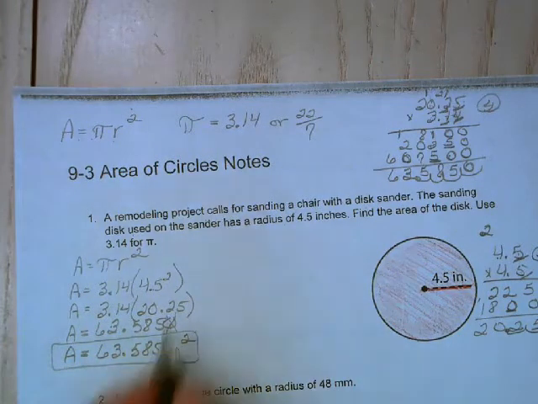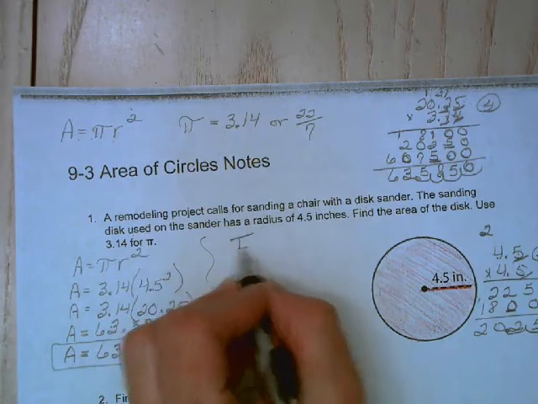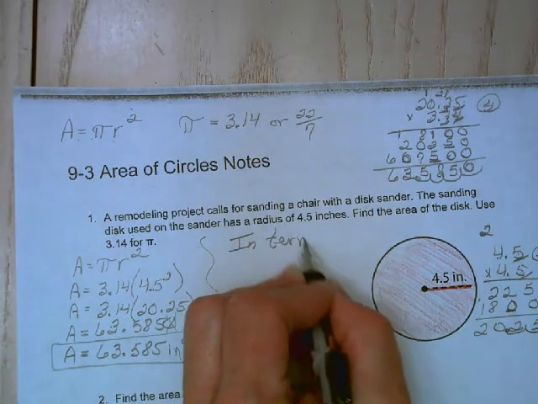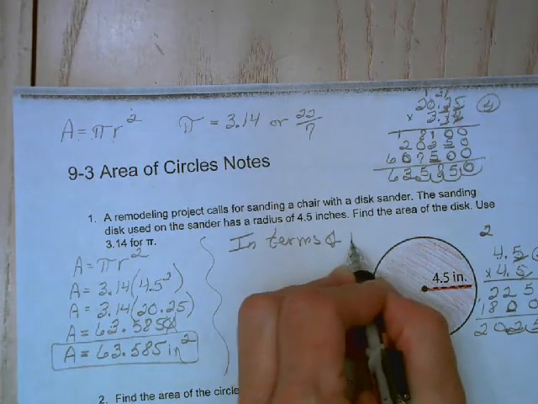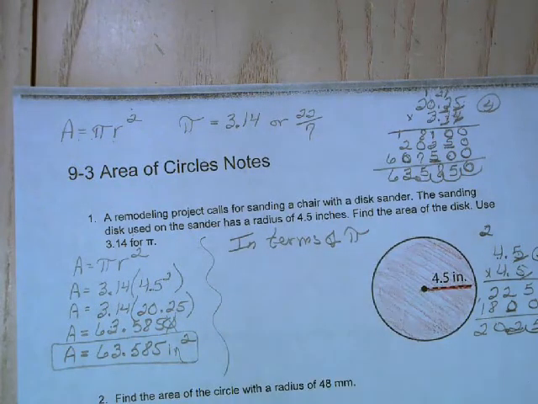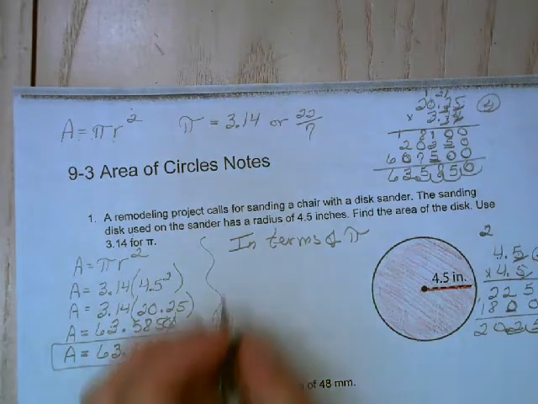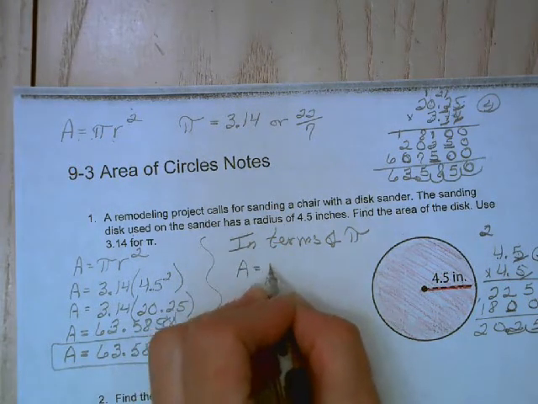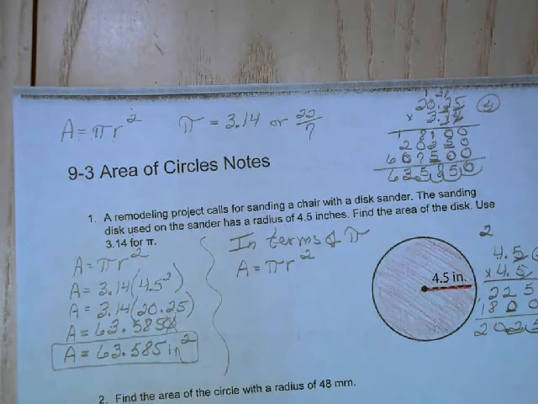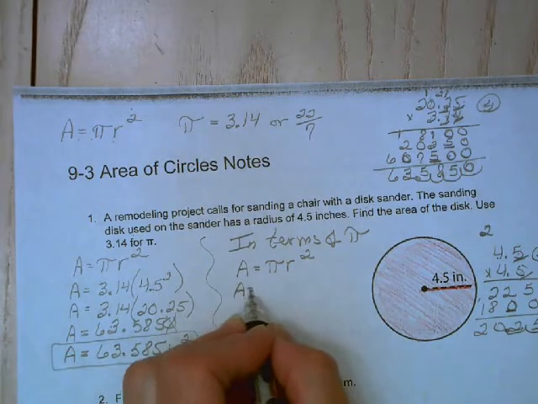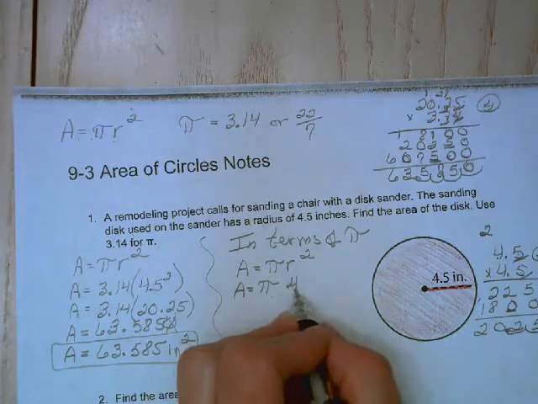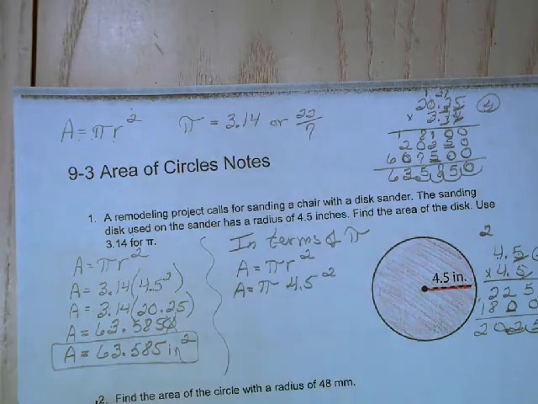All right, I want to talk about something that's called in terms of pi. In terms of pi means you're not totally solving for the area. You are getting it just to in terms of pi. I'm using the formula area equals pi radius squared. Area equals pi 4 5/10 squared.